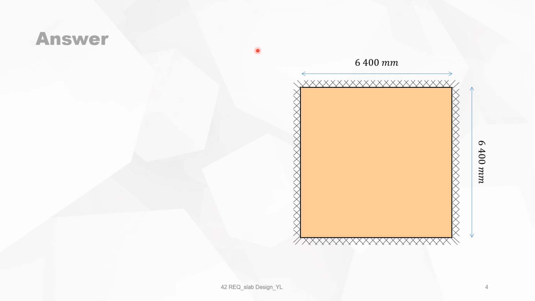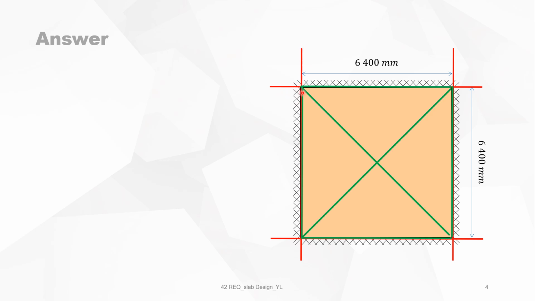First, we look at the axis of rotation, which is at the supports because it's fixed end support. So on the four sides, we have four axes of rotation. Then for the negative bending moments, we have the yield lines at the supports. And for the positive bending moments, when we have two axes of rotation which are crossing, then the yield line starts there.